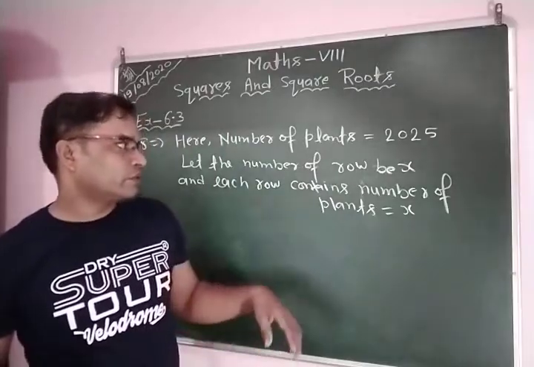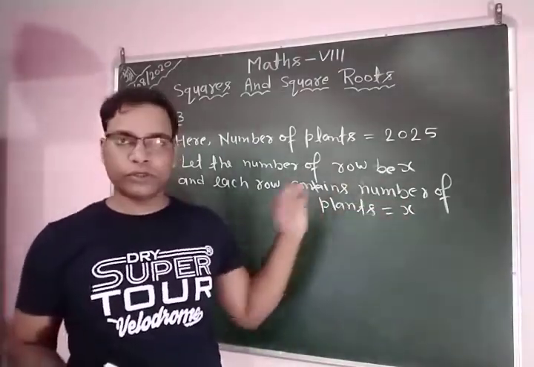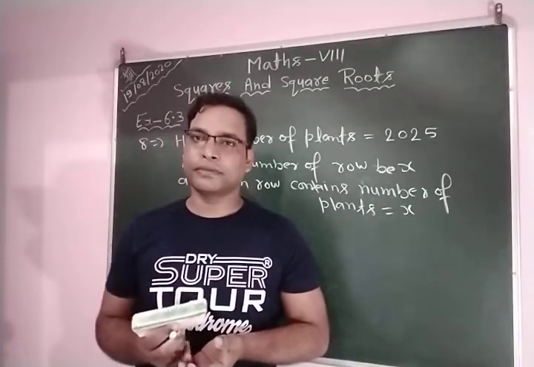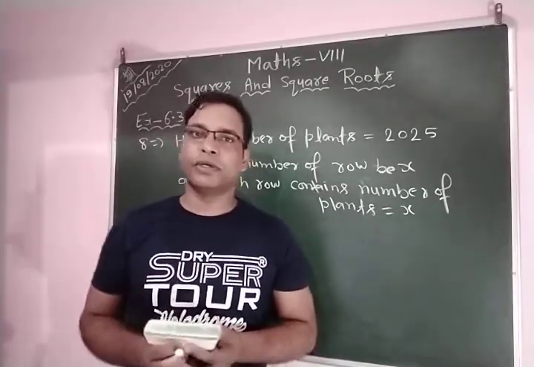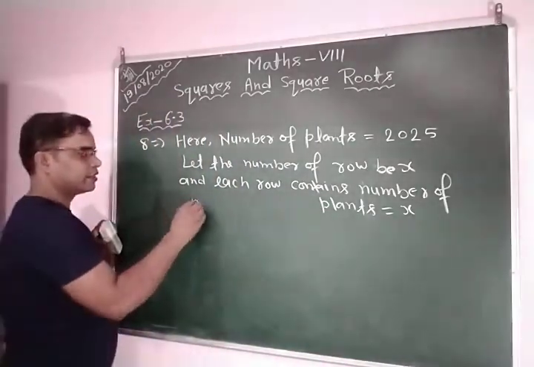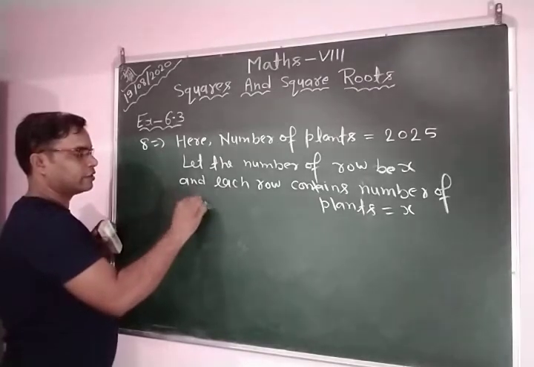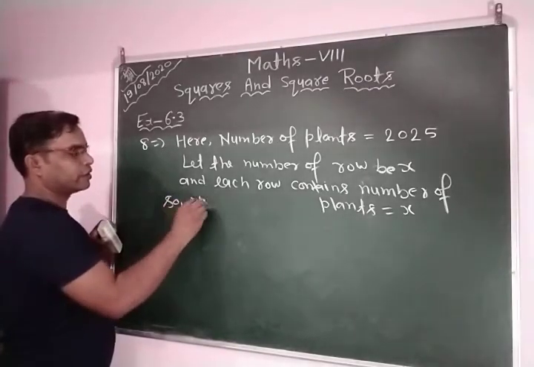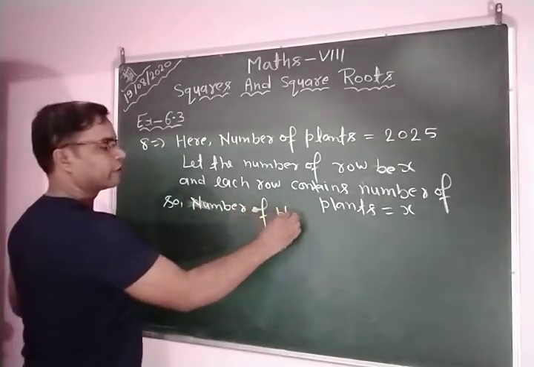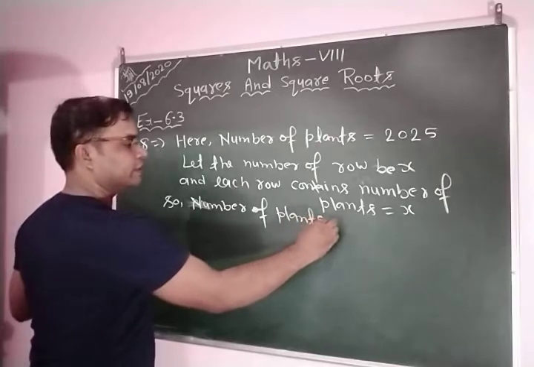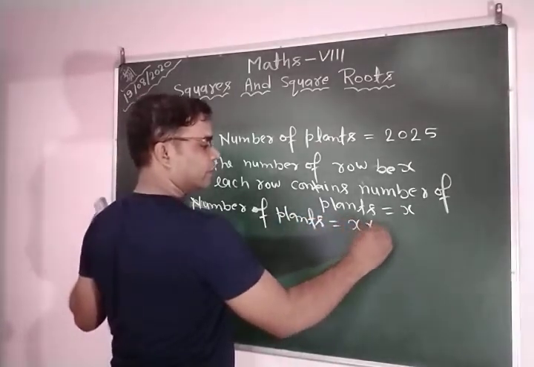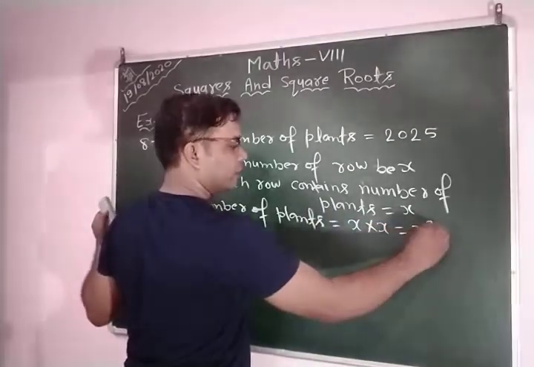So the total number of plants is equal to x into x, the number of rows into the number of plants in each row. So you can write here, number of plants is equal to x into x, which is equal to x square.